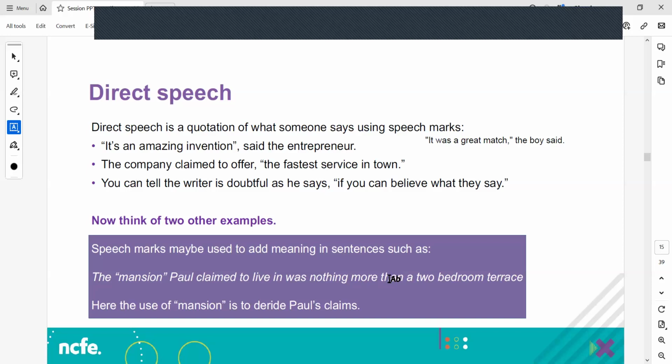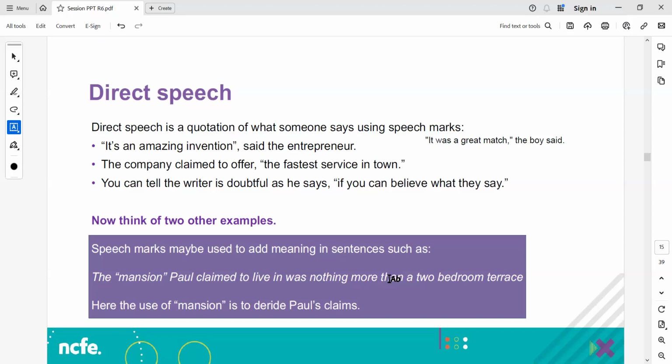Something to know about speech marks, or sometimes they're called inverted commas or quotation marks, but it's the same thing. Sometimes they are used to add sarcasm or derision. Okay, so if we look at this sentence in the purple box, the mansion, which is in quotation marks, Paul claimed to live in, was nothing more than a 2-bedroom terrace.